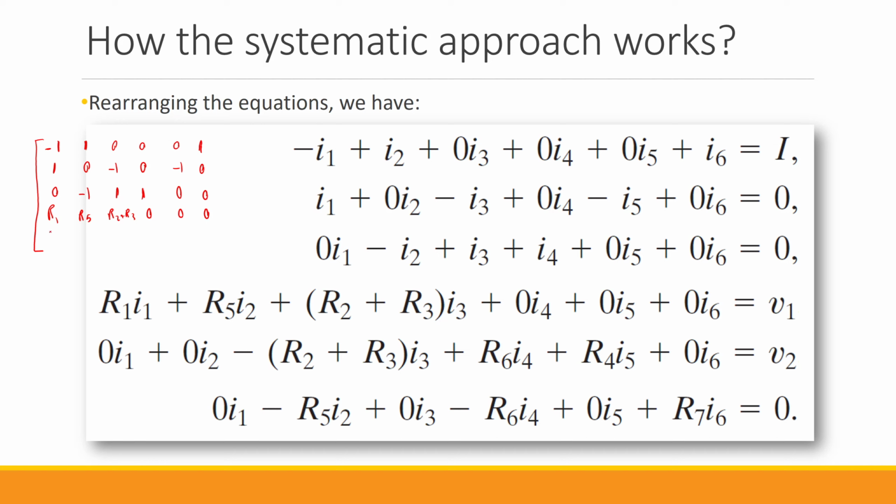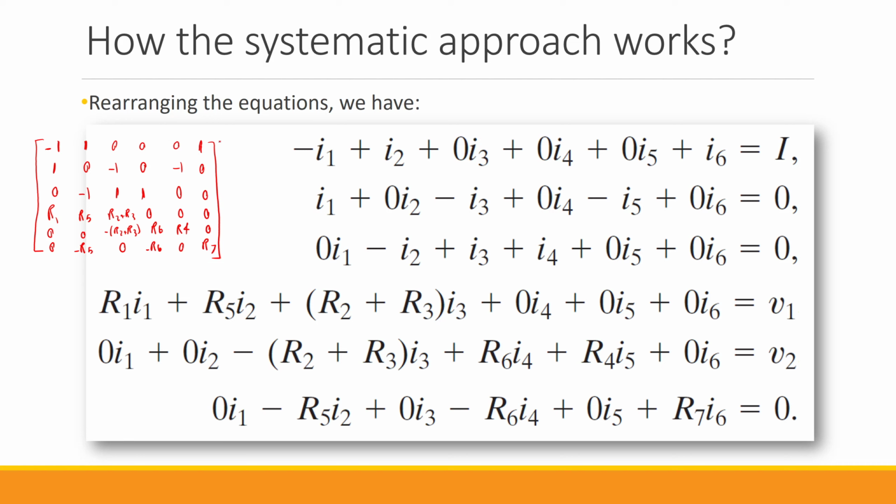For the fifth row, we have 0, 0, negative R2 plus R3 for this element of the matrix, then R6, then R4, and then 0. And finally we have 0, negative R5, 0, negative R6, 0, and then R7.